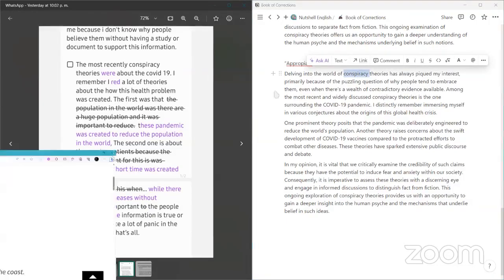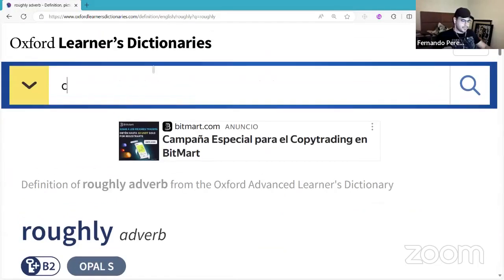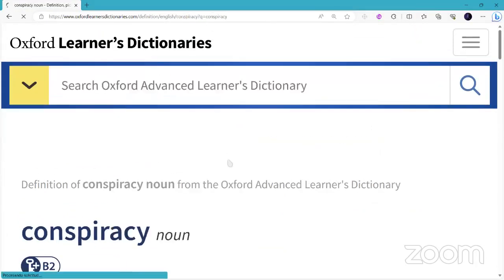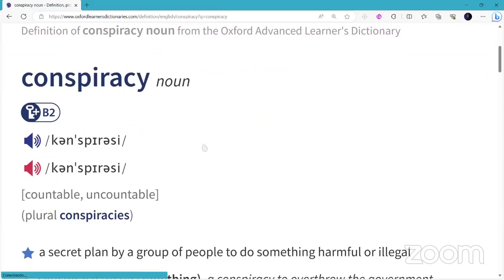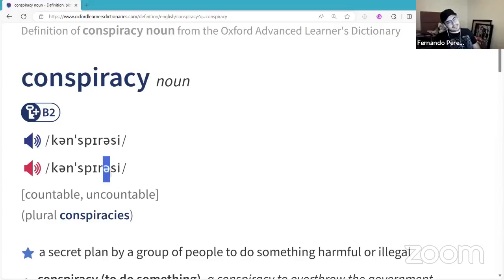I am not sure, but this is very similar to Spanish. Conspiracy. No, but this pronunciation is the short sound.